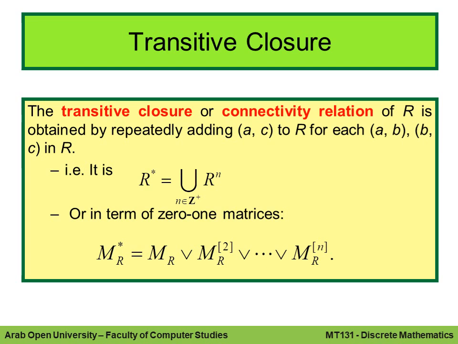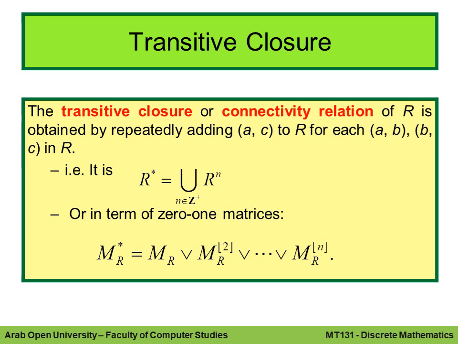Another way to form the transitive closure, this is R*: take the union of R^n for every possible n, every positive integer. There will be a limited number of these relations that you're taking the union of. You can also do it in terms of 0-1 matrices. The matrix for the transitive closure is just the join of all the powers of the relation.